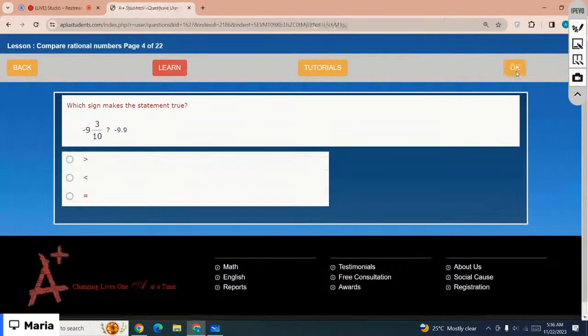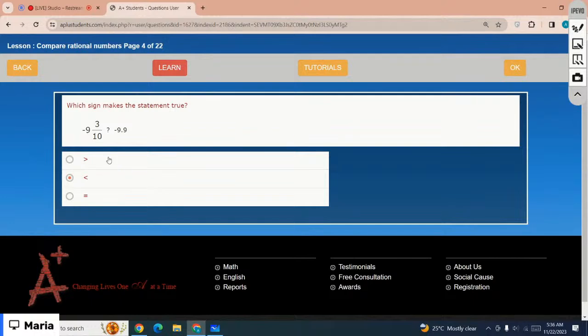Negative 9 whole 3 by 10 and negative 9.9, which is the correct option? Negative 9 whole 3 by 10 means negative 9.3, right? So negative 9.3 is greater than negative 9.9.